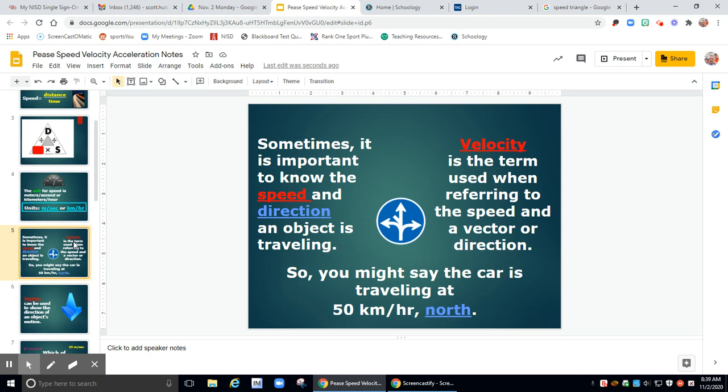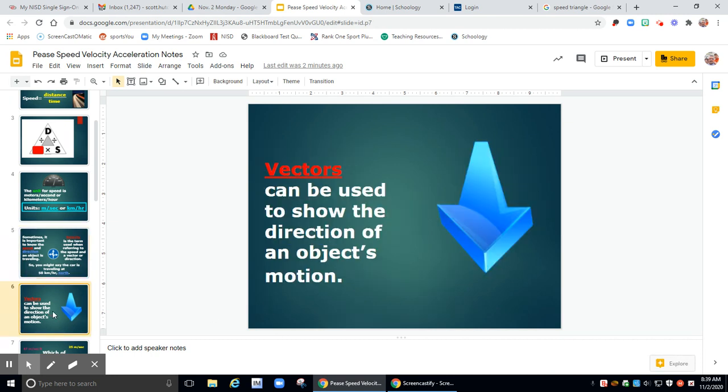It could be an arrow, it could be to the right, it could be north or south. So when we add a vector or a directional component to speed, it is no longer considered speed. Now it's called velocity. So you might say that the car is traveling at 50 kilometers per hour to the north. And again, vectors can be used to show the direction of an object's motion.